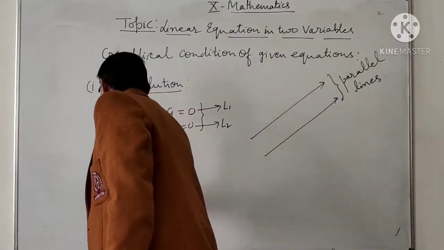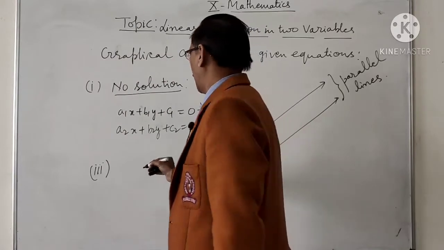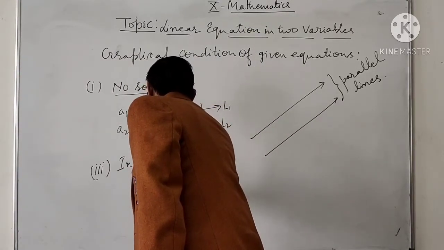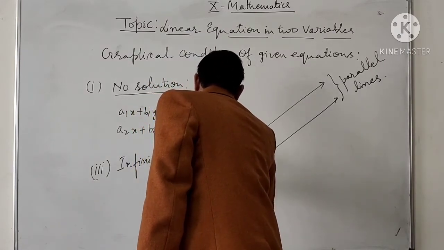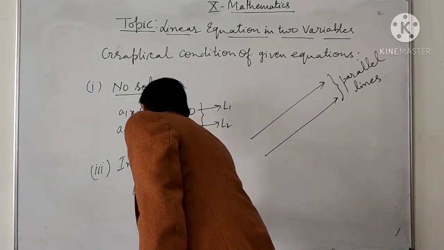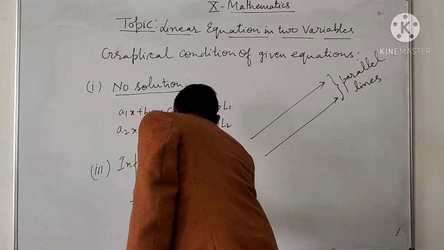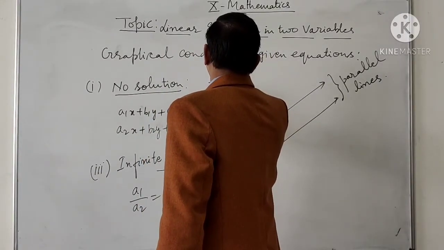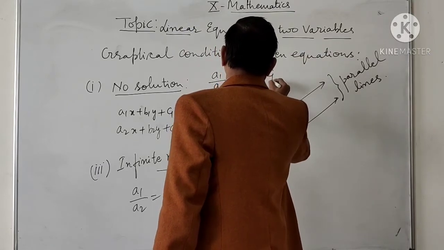And the third case is infinitely many solutions. As you know, the condition for this is a1 upon a2 equal to b1 upon b2 equal to c1 upon c2.